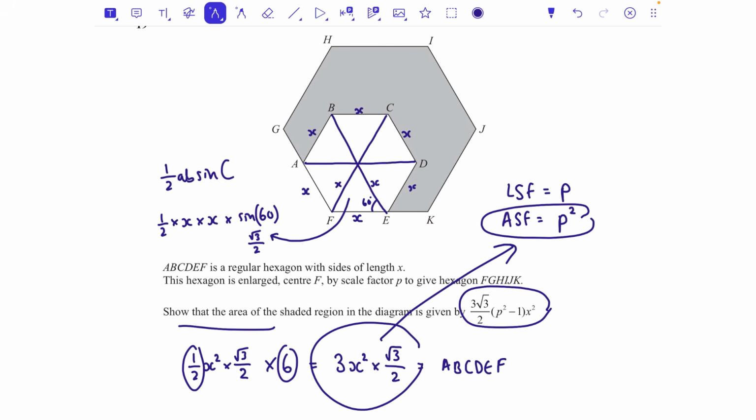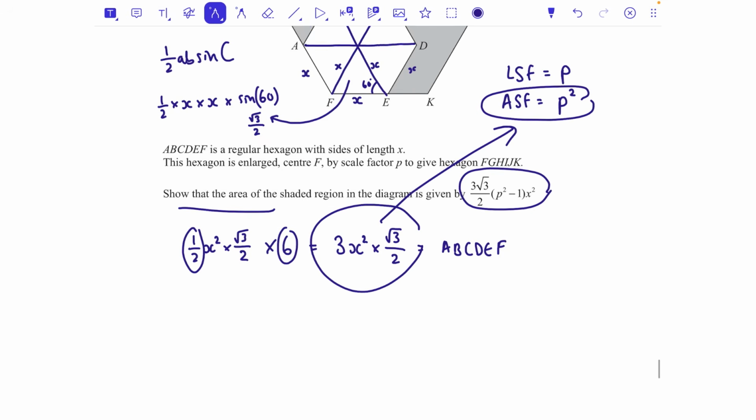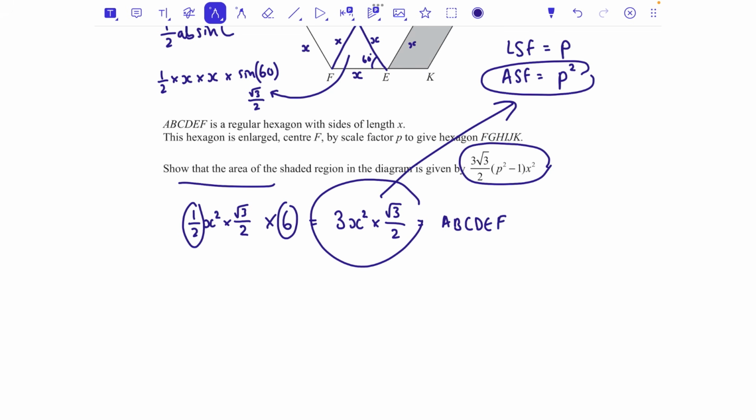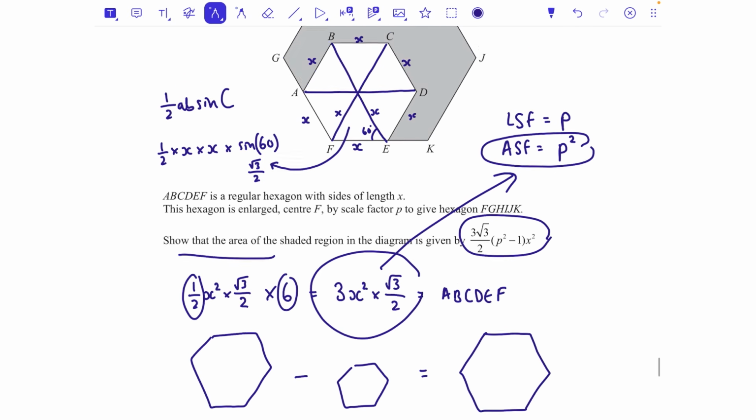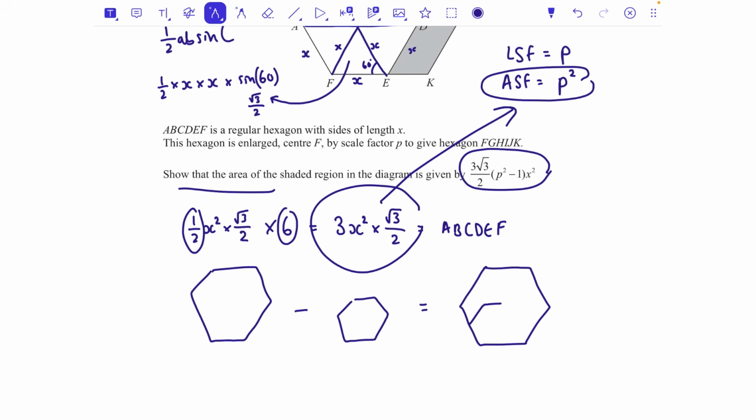However, they want just the shaded bit. So we need to times it by p squared, but we also need to take off that. So therefore, overall, what we would say is the area of the big hexagon, let's do a terrible drawing, take away the area of the little hexagon, is going to give me that bit.